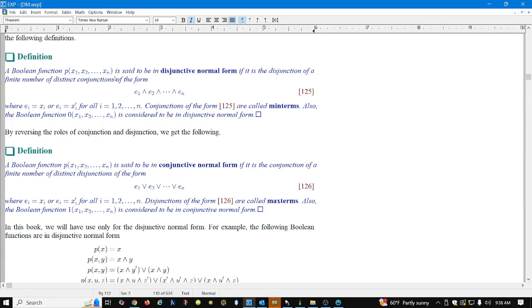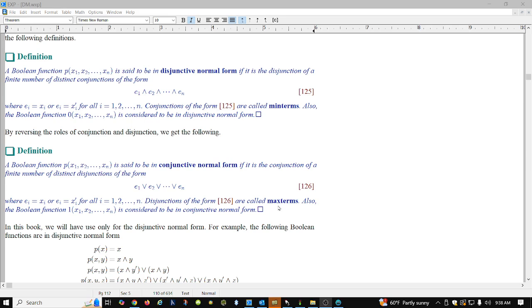If we reverse the roles of disjunction and conjunction, we get something that's referred to as conjunctive normal form. So a polynomial is in conjunctive normal form if it's the conjunction of a finite number of distinct disjunctions.